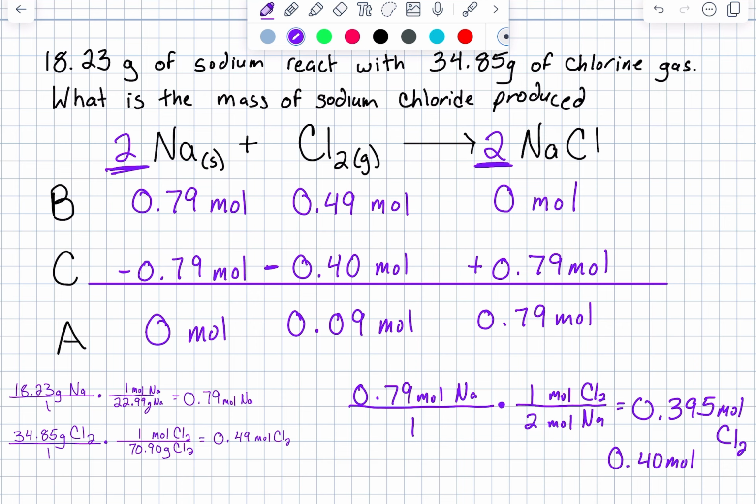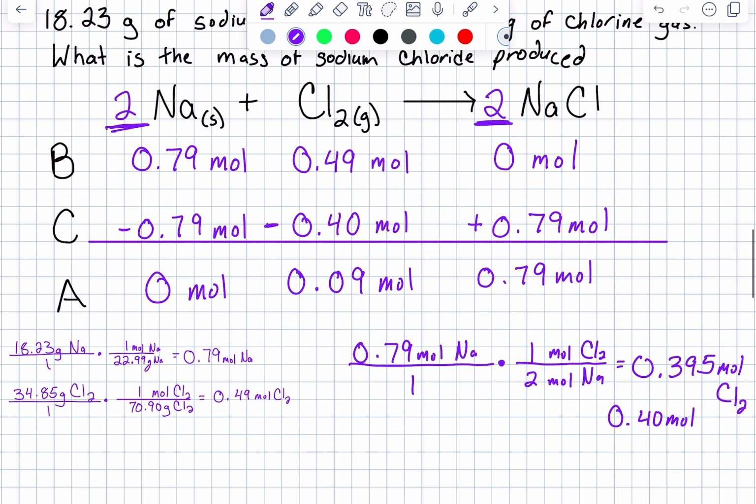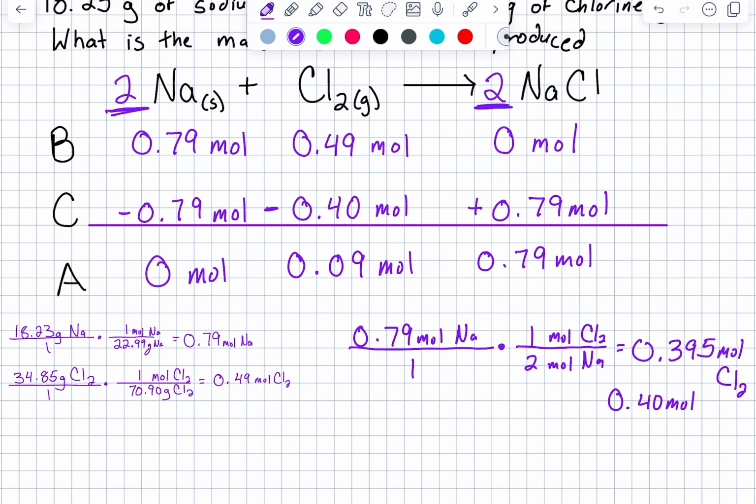We're not quite done yet because the question asks, what is the mass of sodium chloride produced? And so I need to do one more problem here. I now need to take my 0.79 moles of sodium chloride and I need to convert it to grams.